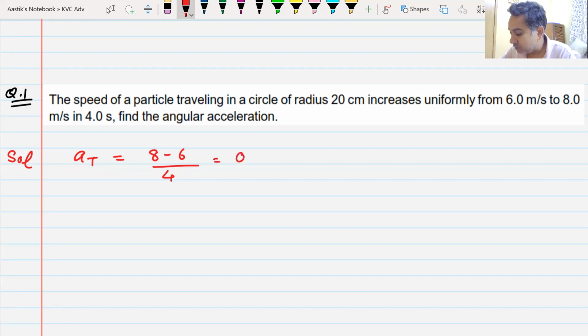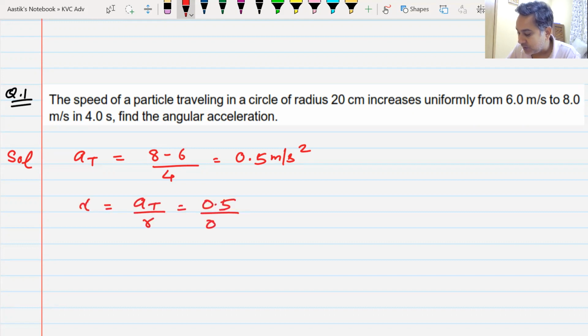So this becomes 0.5 meter per second square. That is your tangential acceleration. Once you know your tangential acceleration, you can calculate the value of alpha. At divided by the radius, 0.5 divided by 0.2, and you get your answer.